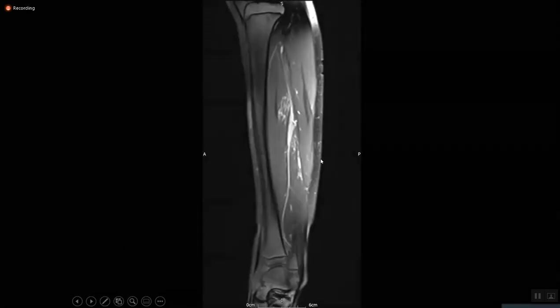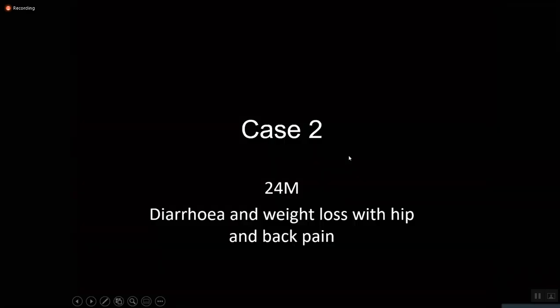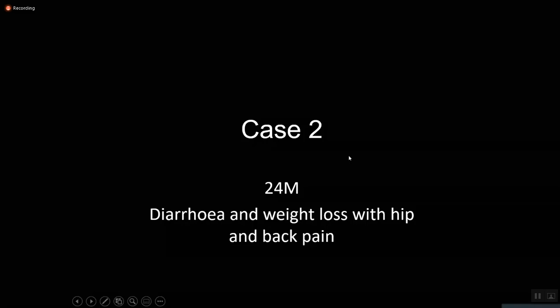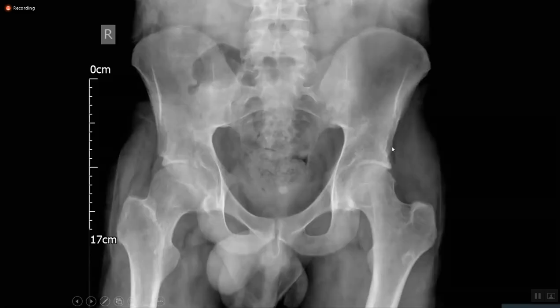So this is your second case now, and your last case. This is a 24-year-old with diarrhea and weight loss with hip and back pain. Yes, please. Okay.